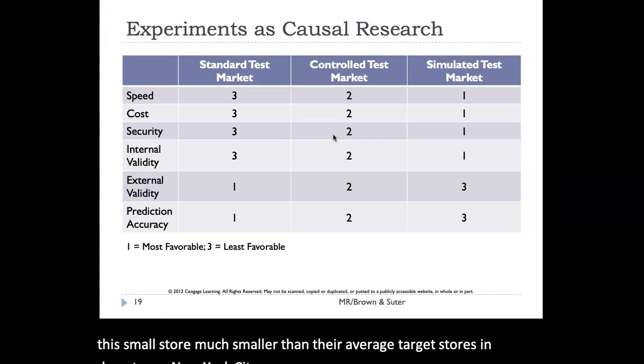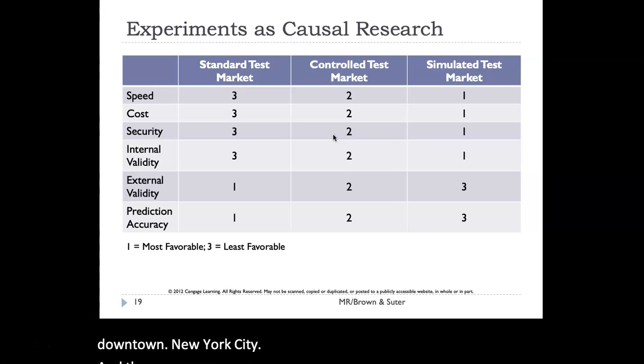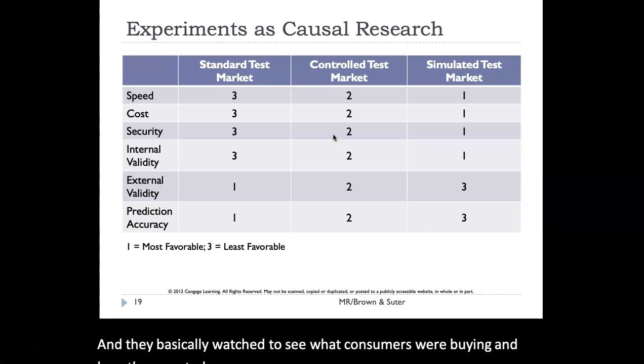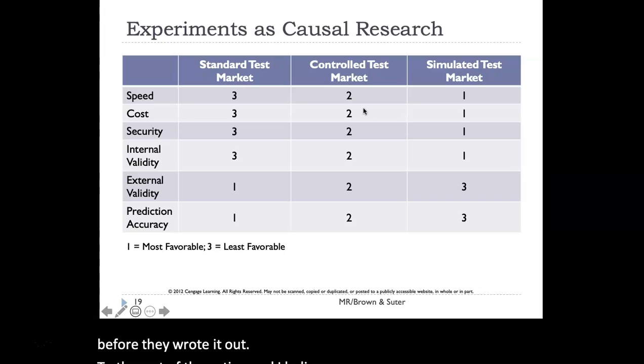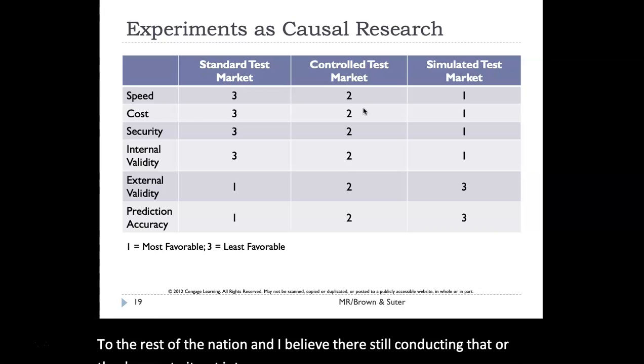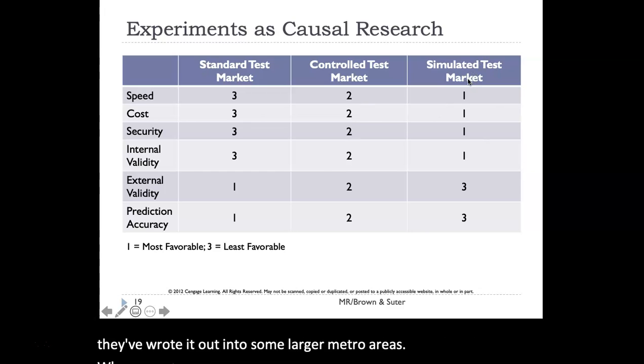And they basically watched to see what consumers were buying and how they reacted to the smaller store. That's a controlled test market before they rolled it out to the rest of the nation. And I believe they're still conducting that, or they've rolled it out into some larger metro areas. The simulated market would probably be done through computers.